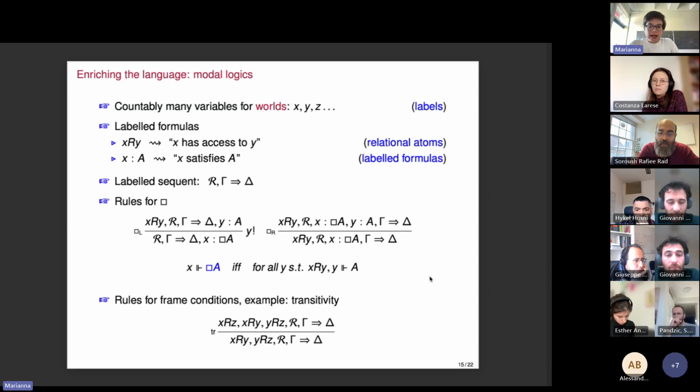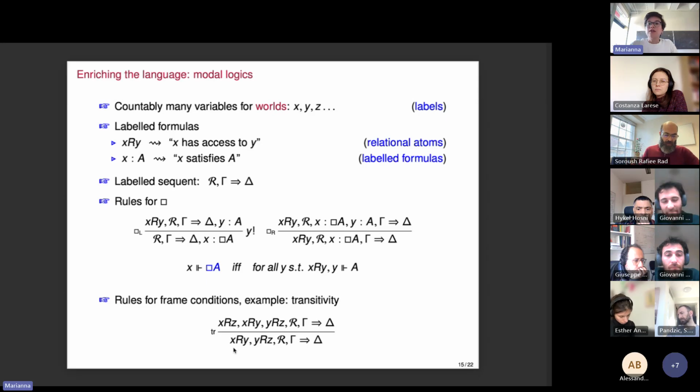And the other nice thing about labeled calculi is that they are an extremely modular framework. What it means is that, for instance, if you think of the modal logics cube, once you define the rules for box and possibly for diamond, then you can cover extensions of K just by adding rules that operate on the relational atoms. They don't really touch the formulas, just the relational atoms.